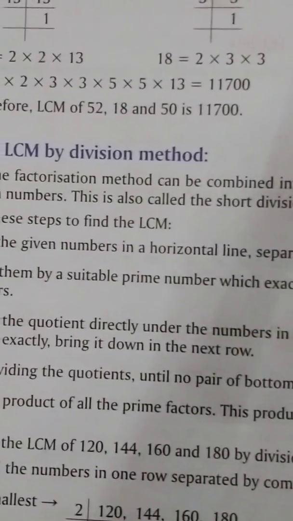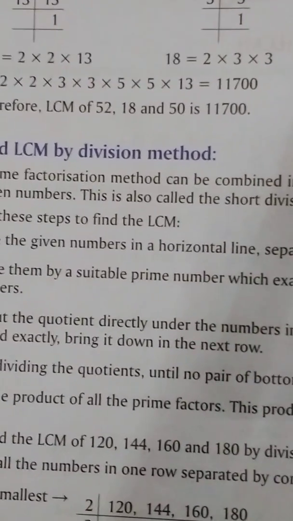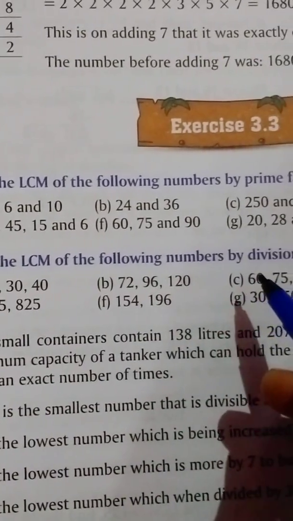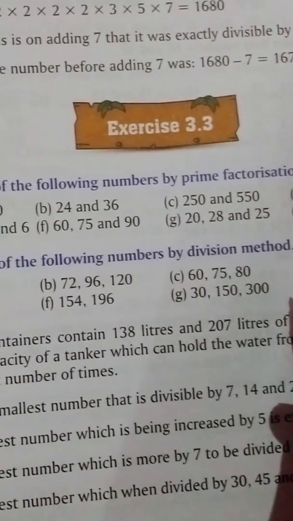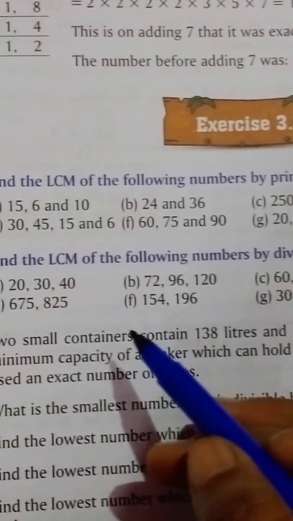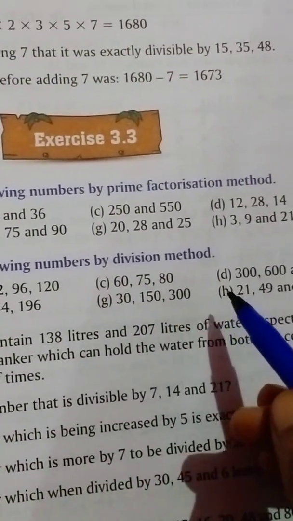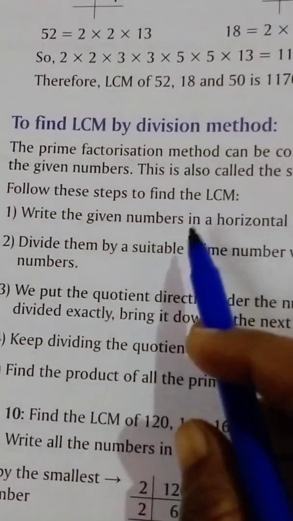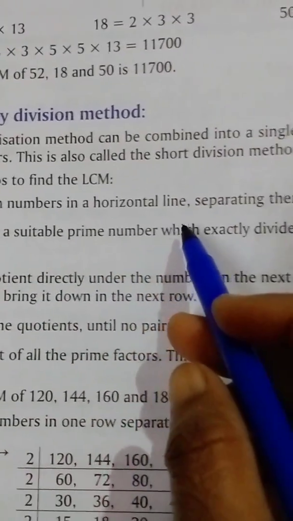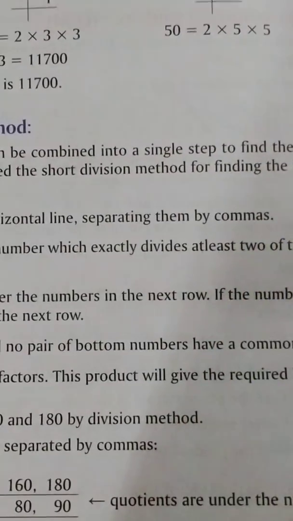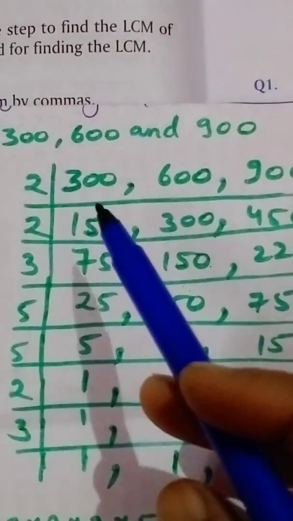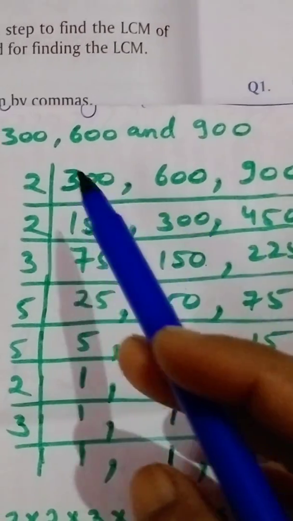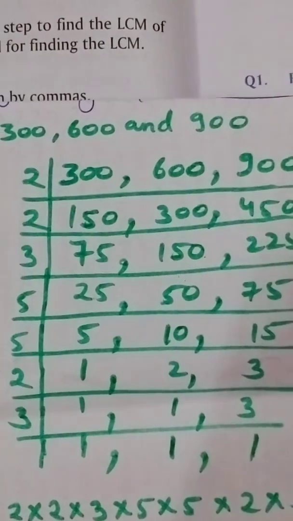I am explaining through a question. Let's see question number 2. Find the LCM of the following numbers by division method. I have taken the D part. The first step is to write the given numbers in a horizontal line, separating them by commas. Here you have seen all the numbers are written in a horizontal line by commas.